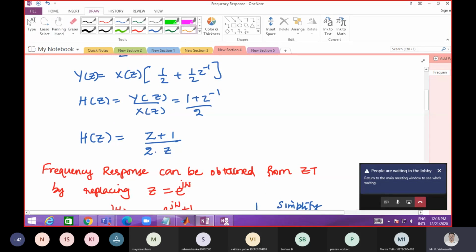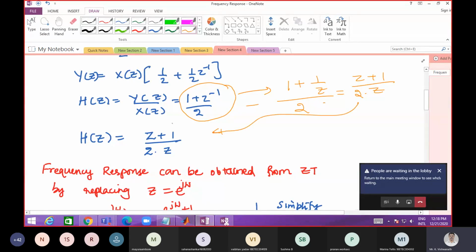How do we get this? We can simplify this as (1 plus 1 by z) by 2. That's equal to (z plus 1) by z divided by 2, which will become 2z. So this is what we have got.